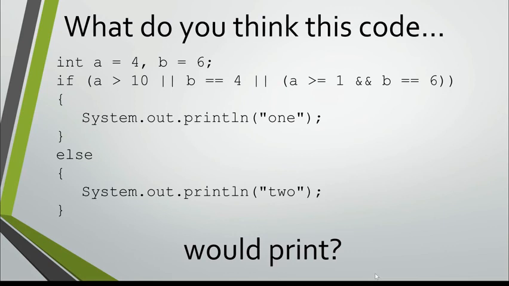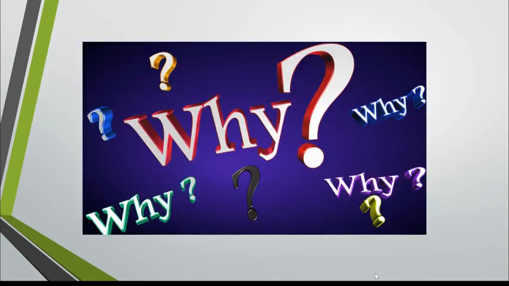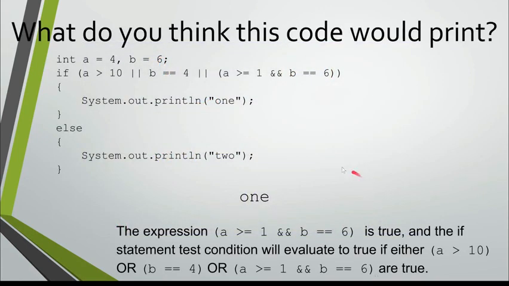What do you think of this code? Well, this code prints 1. So let's look at why. We have to evaluate this and first because it has parentheses. So is A greater than or equal to 1?